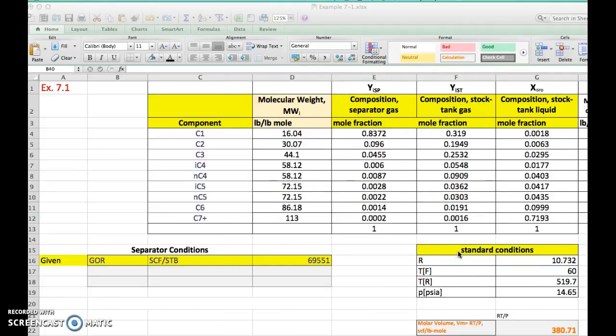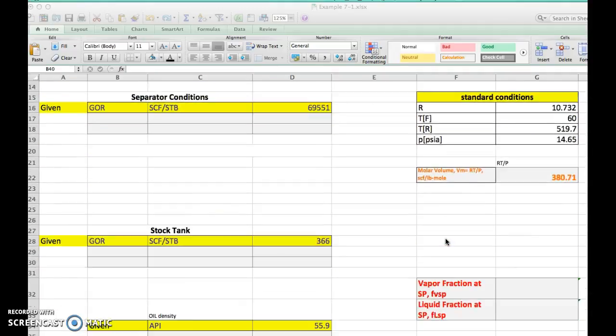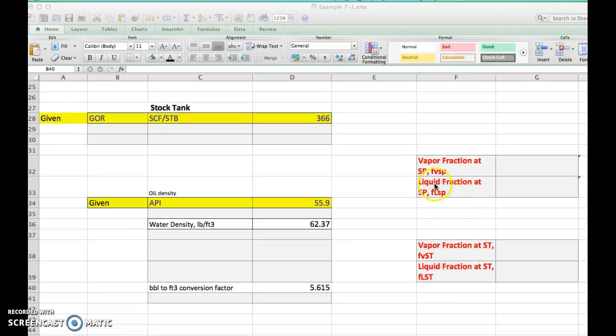So what we're going to do here is, first of all, convert gas and liquid at separator and stock tank to moles. Using a mole material balance, we could calculate the fraction of vapor and liquid at separator and the fraction of vapor and liquid at stock tank.